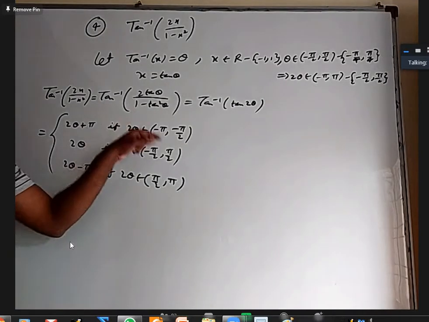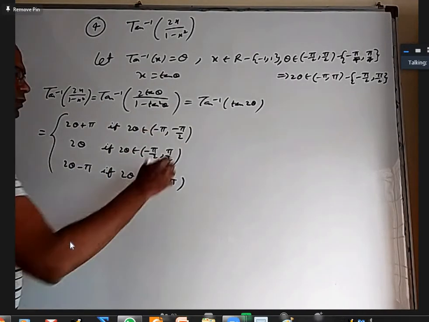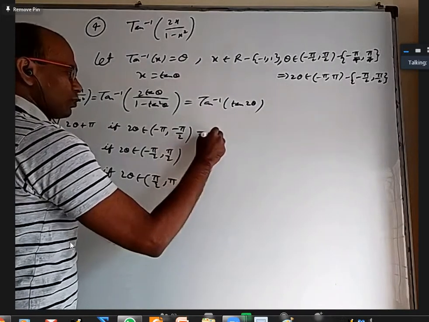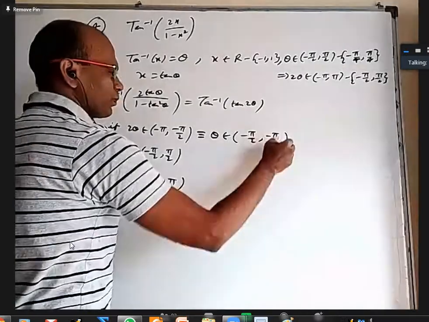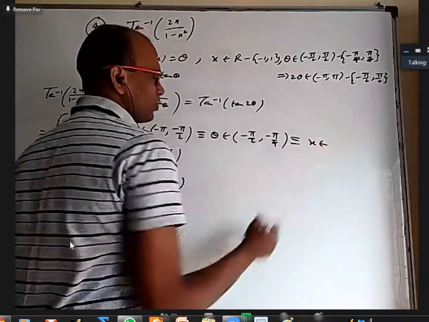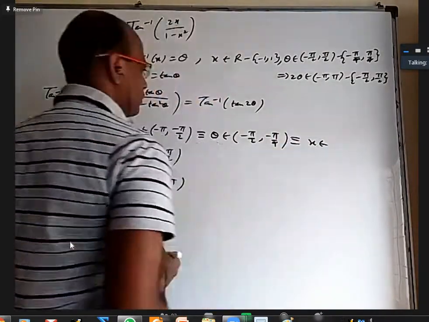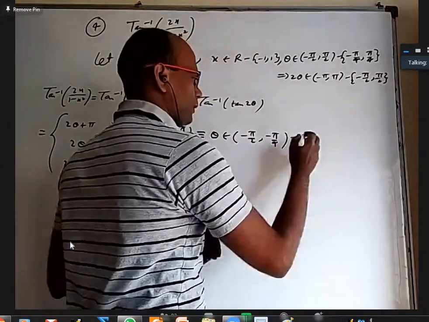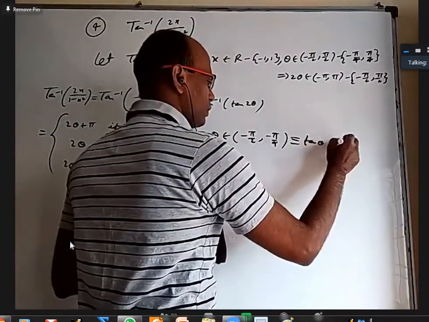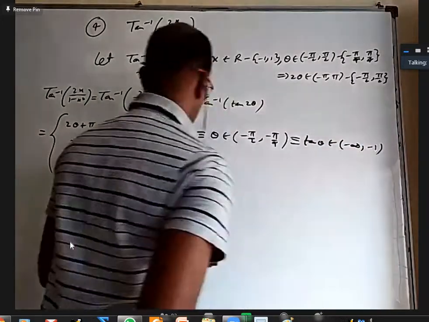Now correspondingly, we have to identify what those x values are. So this is equivalent to theta belongs to minus pi by 2 to minus pi by 4, which is equivalent to tan theta, that is x, belongs to minus infinity to minus 1.